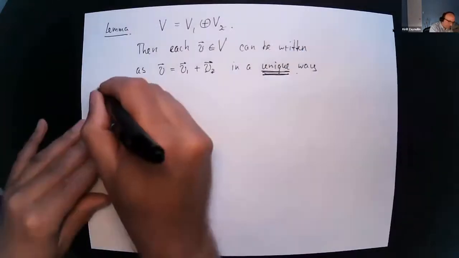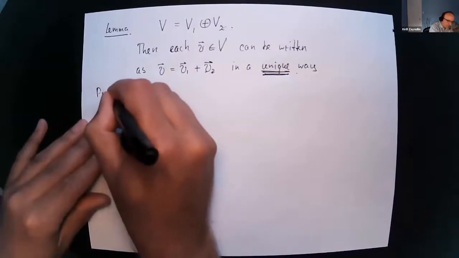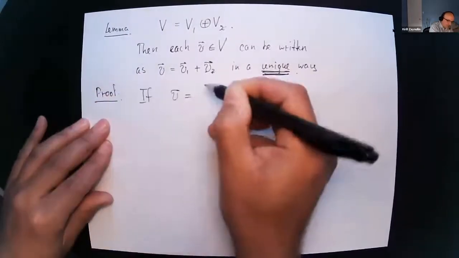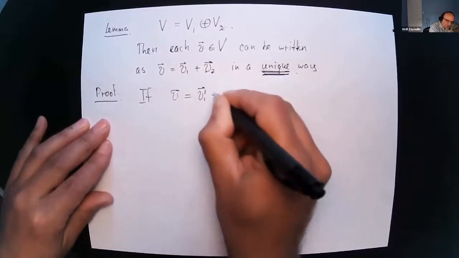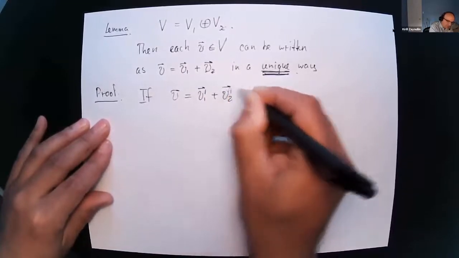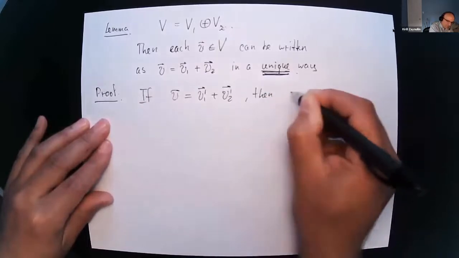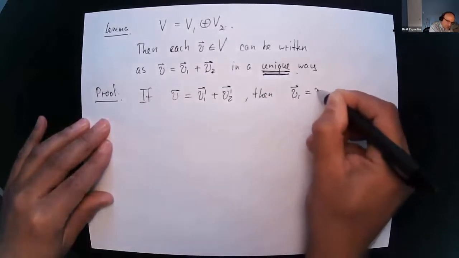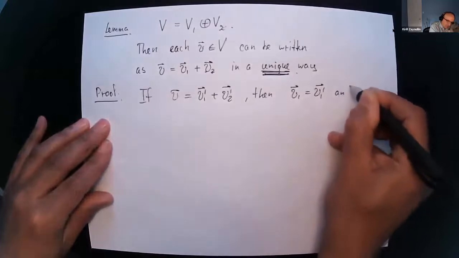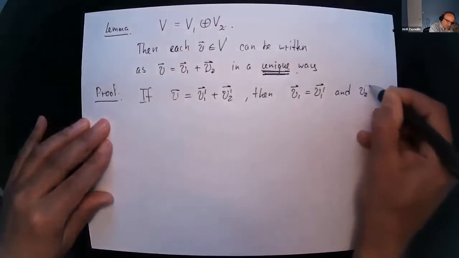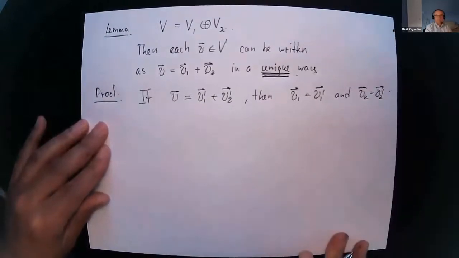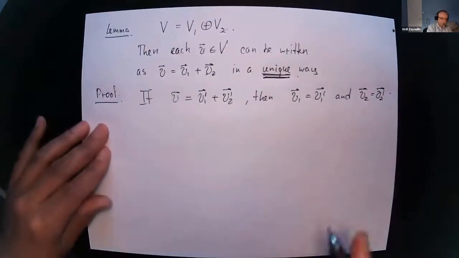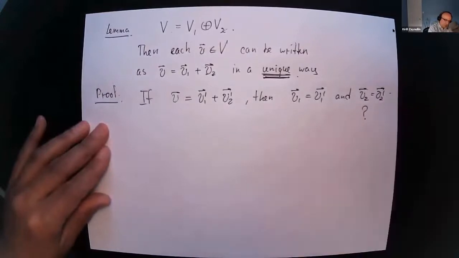Basically, what we would like to show is that if V has a different expression, say V1 prime plus V2 prime, then V1 has to be the same as V1 prime and V2 has to be the same as V2 prime. That's what we'd like to show.